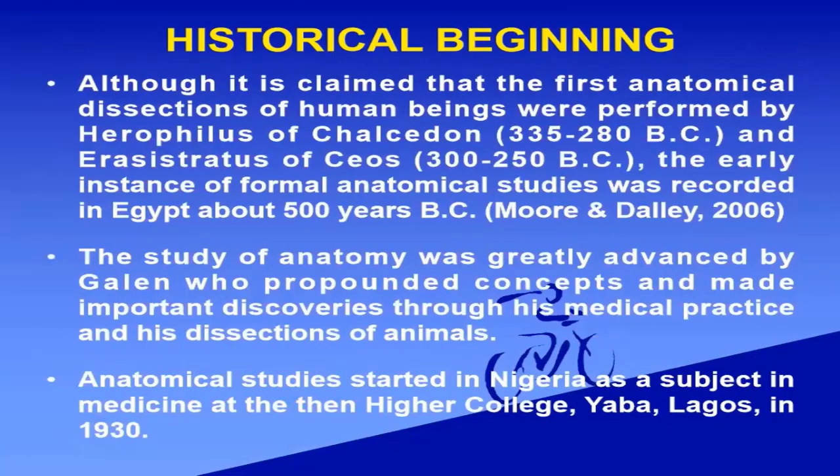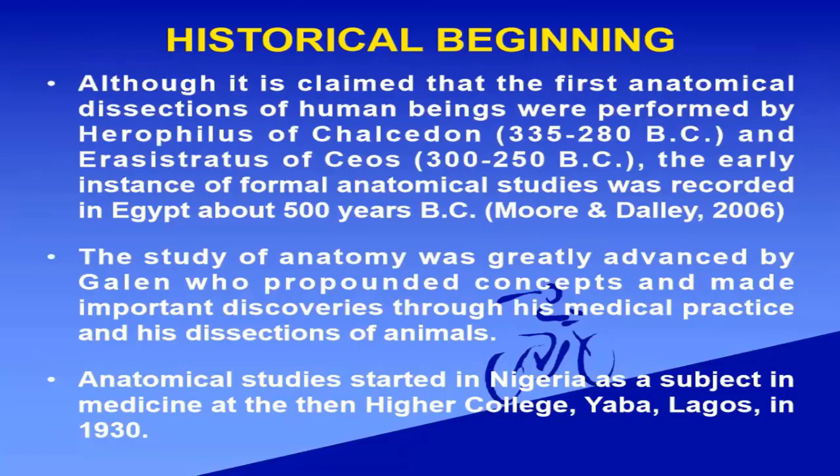Now, how about the historical beginning of anatomy? It is claimed that the first anatomical dissections of human beings were performed by Herophilus of Chalcedon, 335 to 280 BC, and Erasistratus of Chios, 300 to 250 BC.